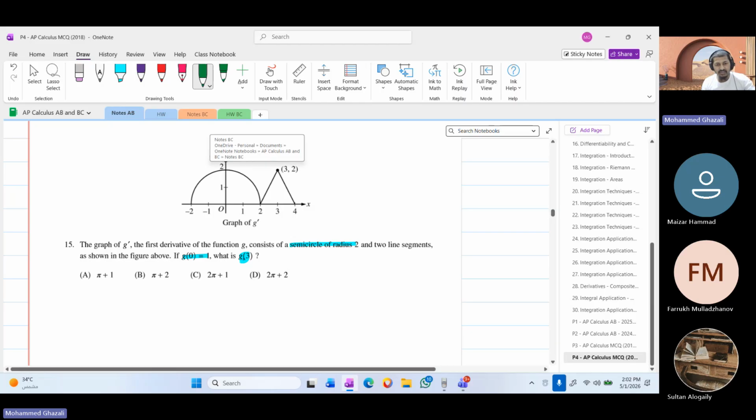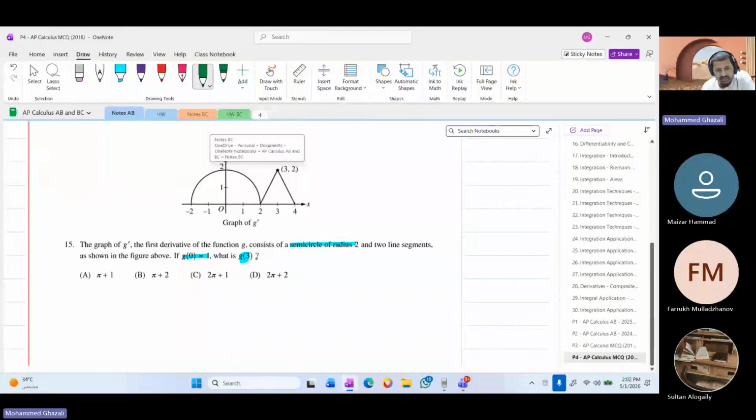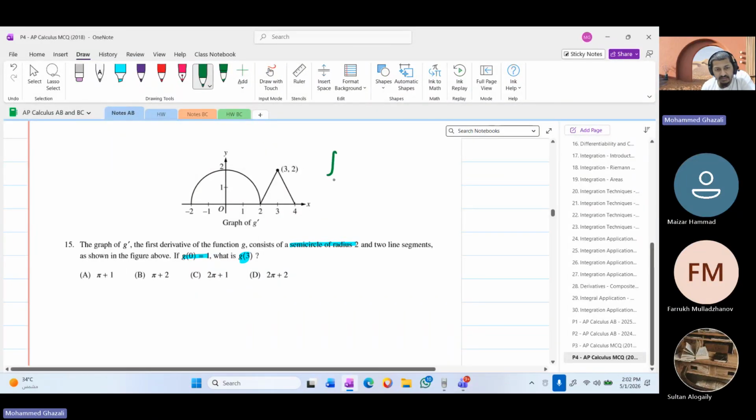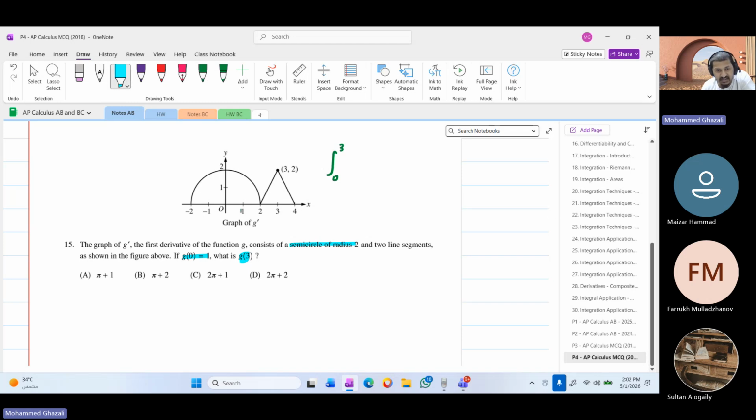To find g of 3, let's try it, because they gave us g of 0 and g of 3. Remember the integral from 0 to 3 of this entire function. But remember, we're only integrating from 0 to 3. Look at this block here.